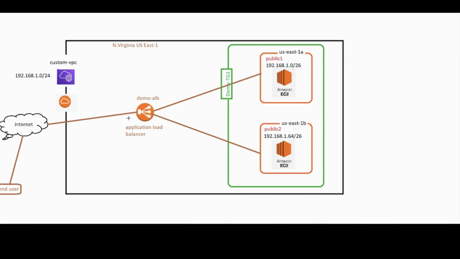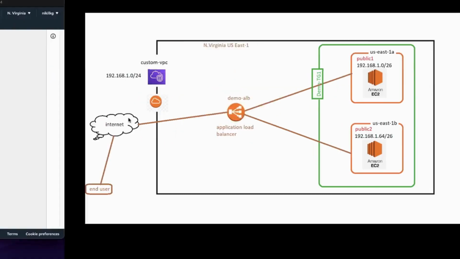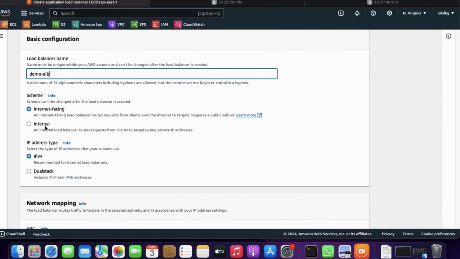Suppose you are hosting a website for your internal customers, your infrastructure has many locations, all the locations are connected via VPN, and thousands of users are connecting to a website. In those cases you can have an internal application load balancer. But for our demo, we are going to use the internet facing application load balancer.